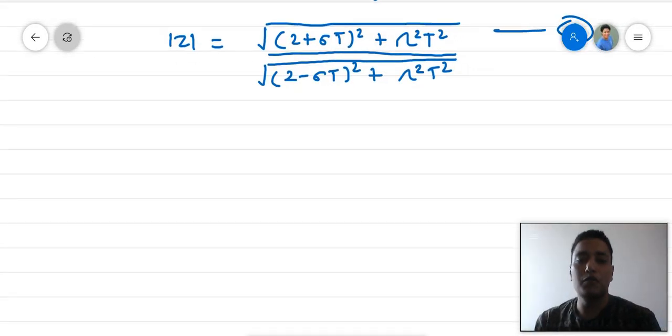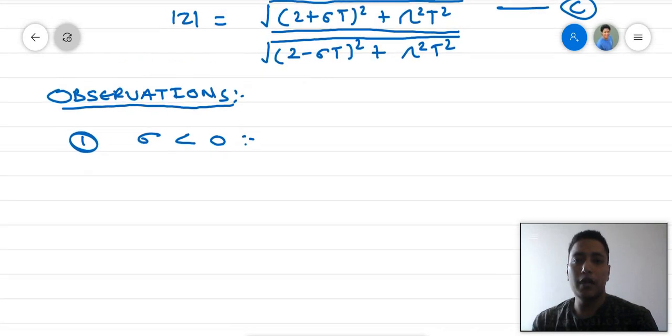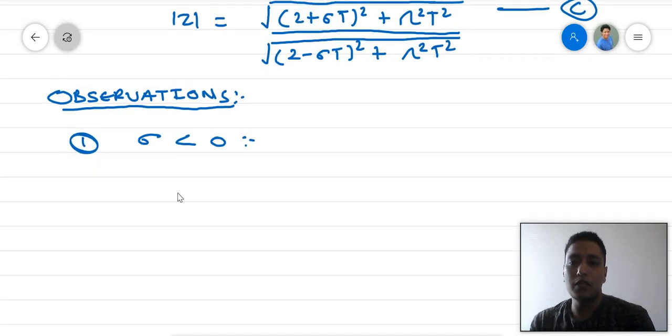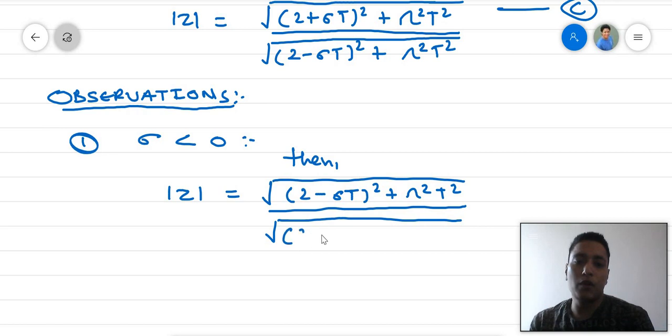Now we will make some observations for the different cases of Z with sigma and omega. The first case is when sigma is less than 0. In that case, we can write equation C for mod Z as the square root of (2 minus sigma T) square plus omega square T square in the numerator, as sigma is less than 0, and the denominator is modified into (2 plus sigma T) square plus omega square T square.